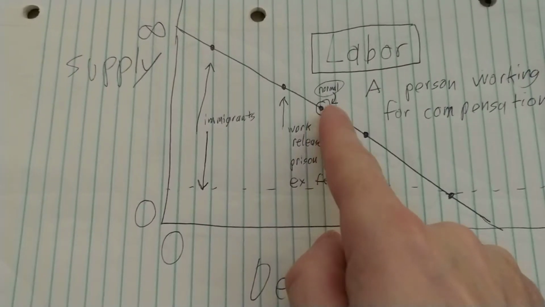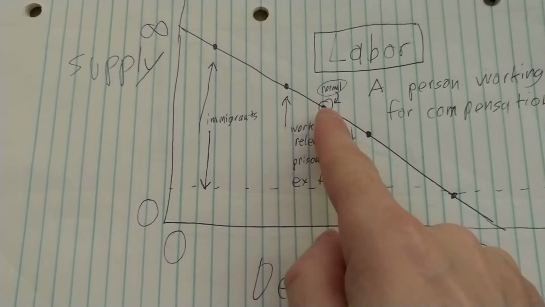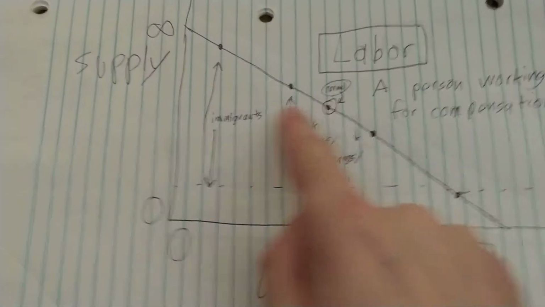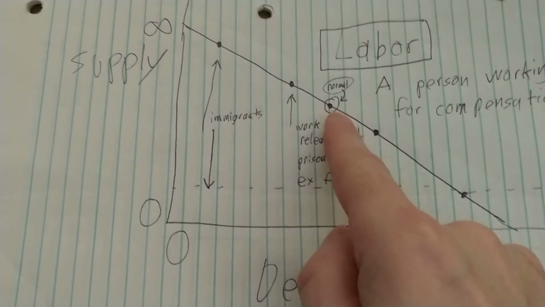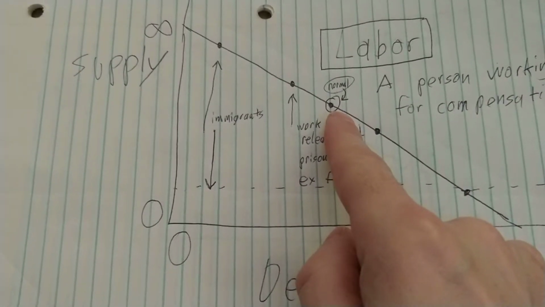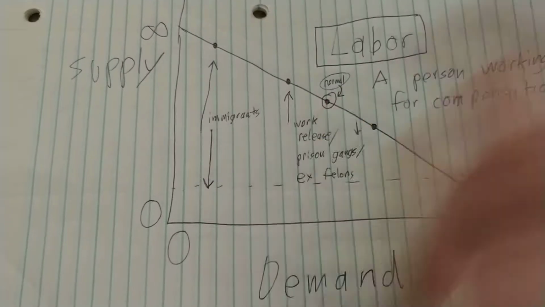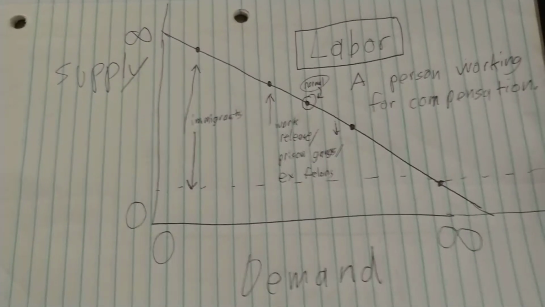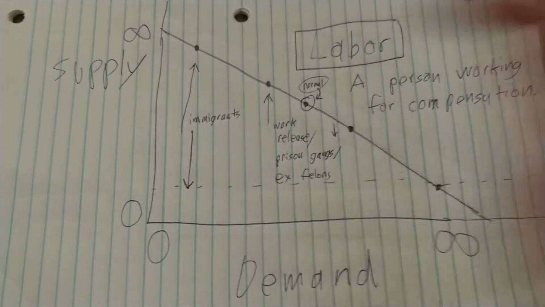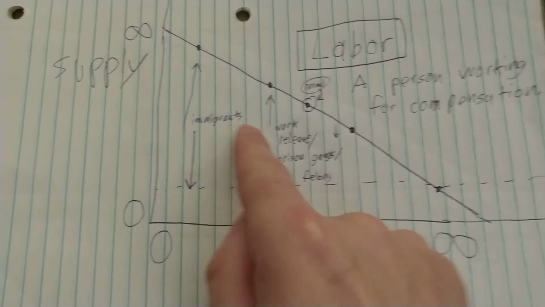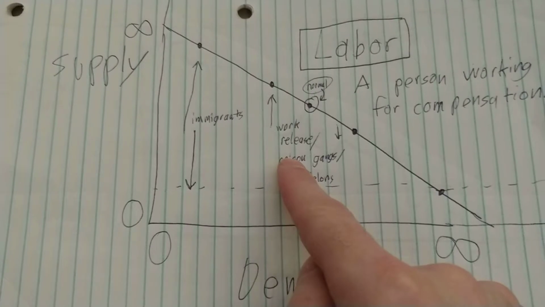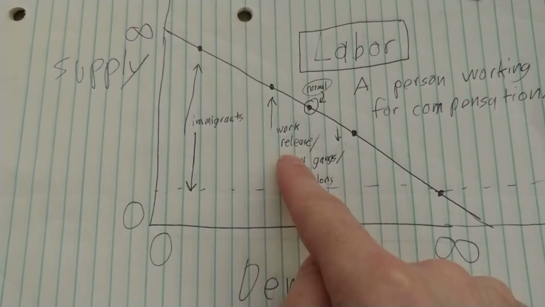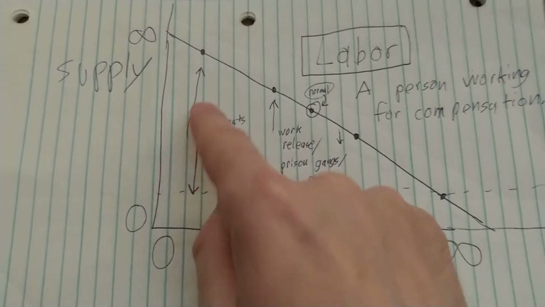You would have something around here, right in the middle. You'd have a medium demand and a medium supply of labor. So everybody would just be getting paid, we could say, the average amount. But then lots of things happen, and the supply of labor goes up and down.